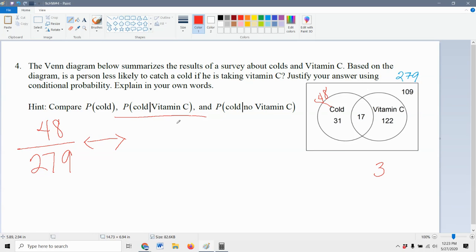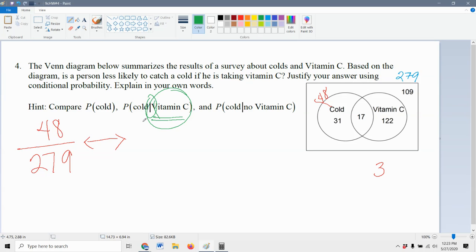Now we're going to compare that to the probability of people having a cold given that they took vitamin C. Now as soon as we see this given, what that tells us is that the only thing we're going to look at now, the only thing that we care about are the numbers in that second category, this vitamin C category.